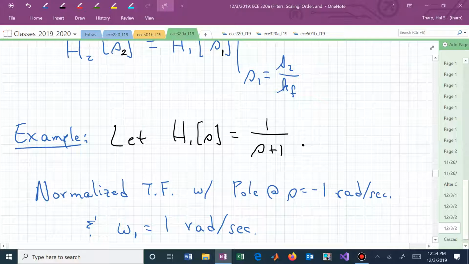What's its DC gain? Couple of answers could be correct. What's the DC gain of that transfer function? You'll have to be louder. 1.